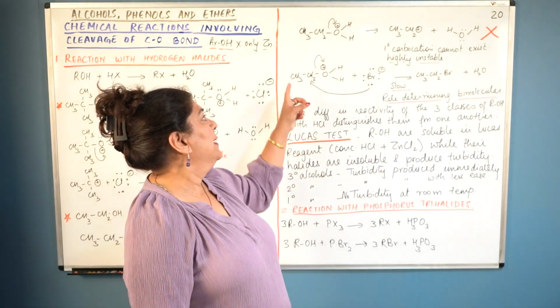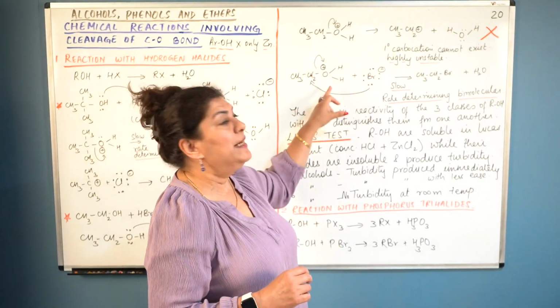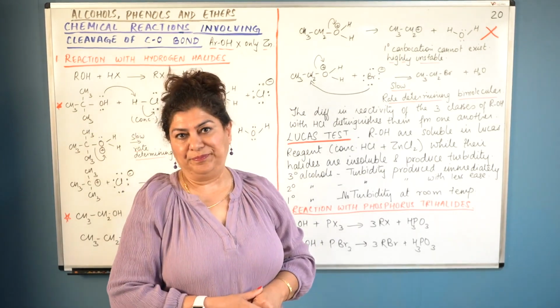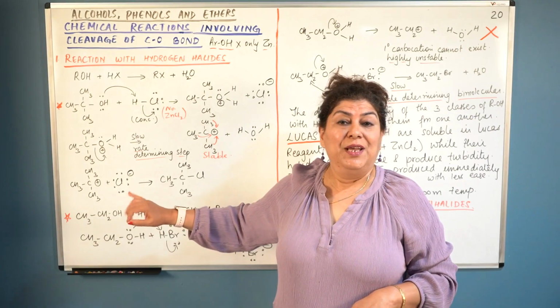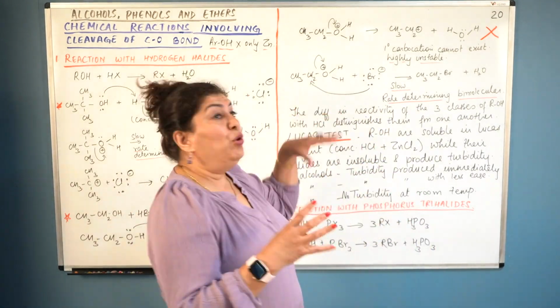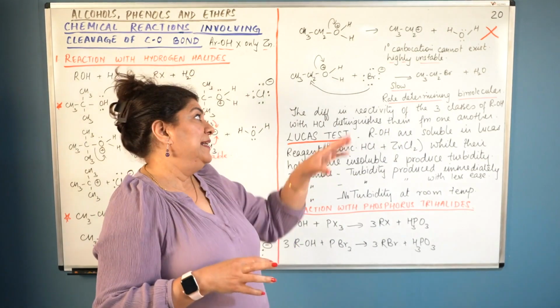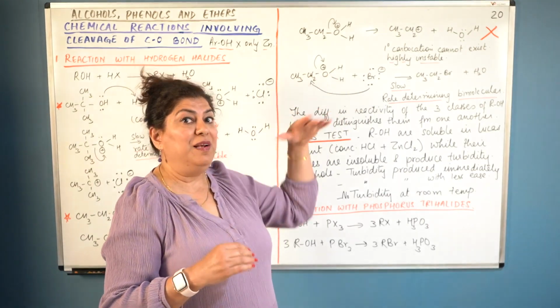What happens is that the removal of water molecule and the addition of bromine, both these reactions take place in one step. They don't take place in 2 separate steps. And since both the reactions are taking place simultaneously, this step will obviously be very slow.